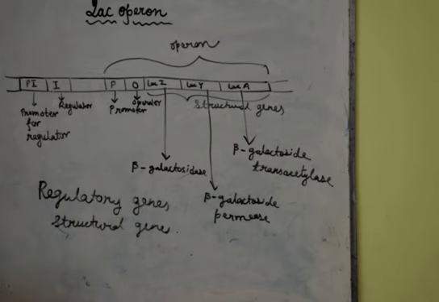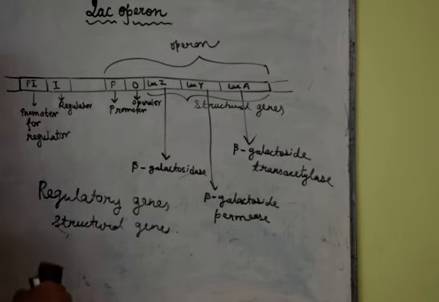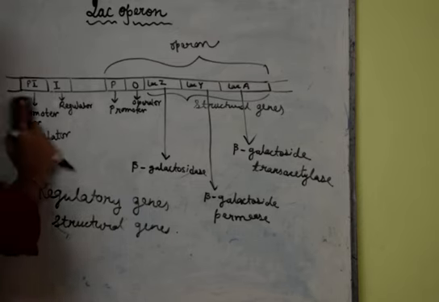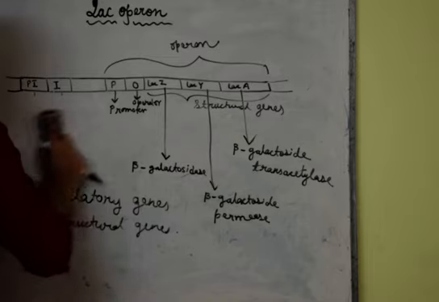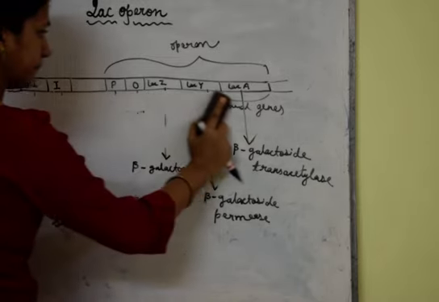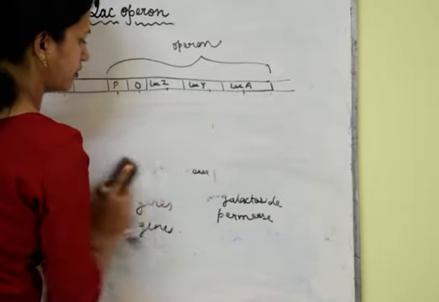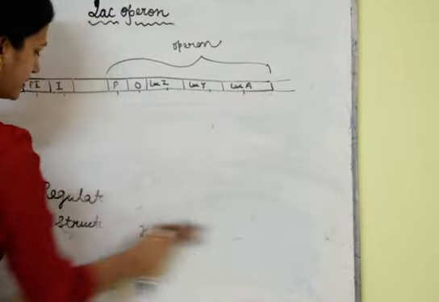Now we will study the changes or the functions which occur when glucose is present in the medium. So hopefully this is clear with you. Now I am going with the presence of glucose in the medium. At that time, how do these genes function when glucose is already present in the medium?